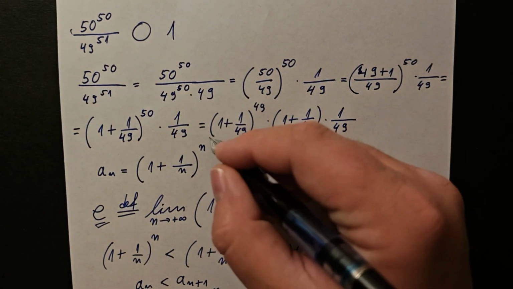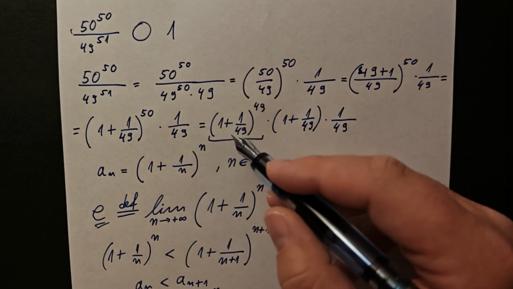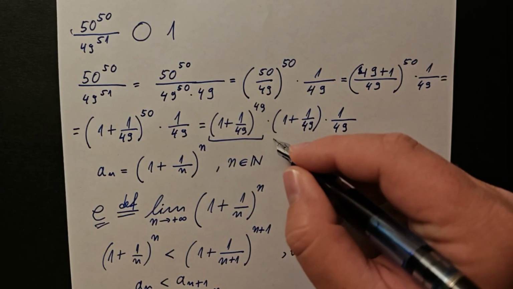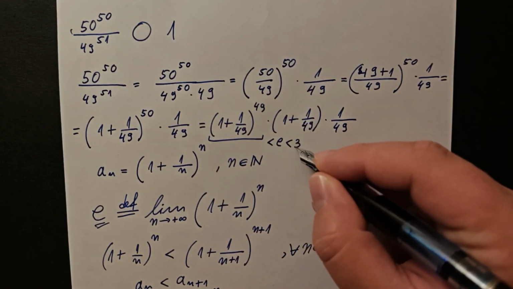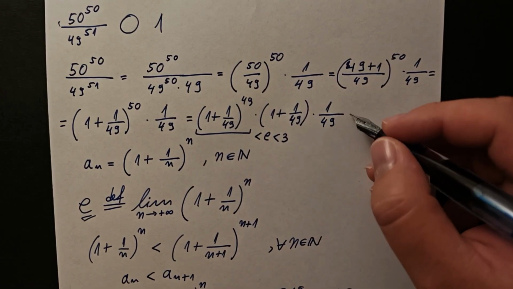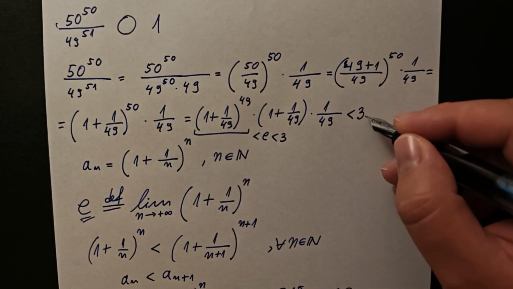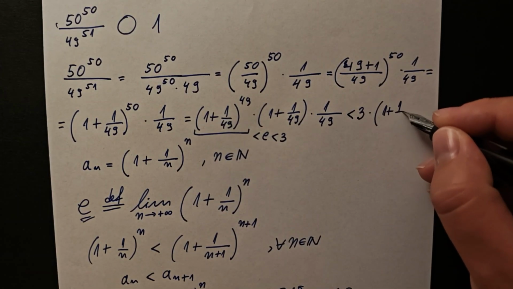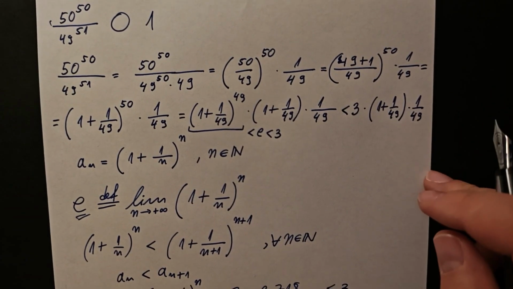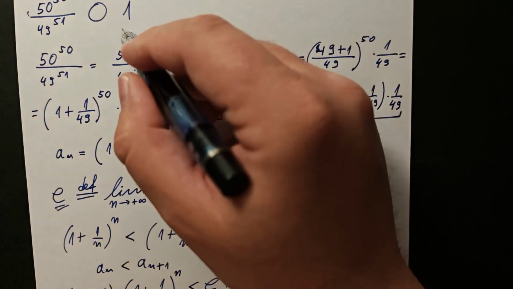And from this story which I have told you previously, you can see here that this part, 1 plus 1 over 49 raised to the power 49, is smaller than e, and that is smaller than a constant 3. So we are going to plug this information into our problem. So this is going to be smaller than 3 multiplied by 1 plus 1 over 49 multiplied by 1 over 49. Now we have to compare this number here to 1.